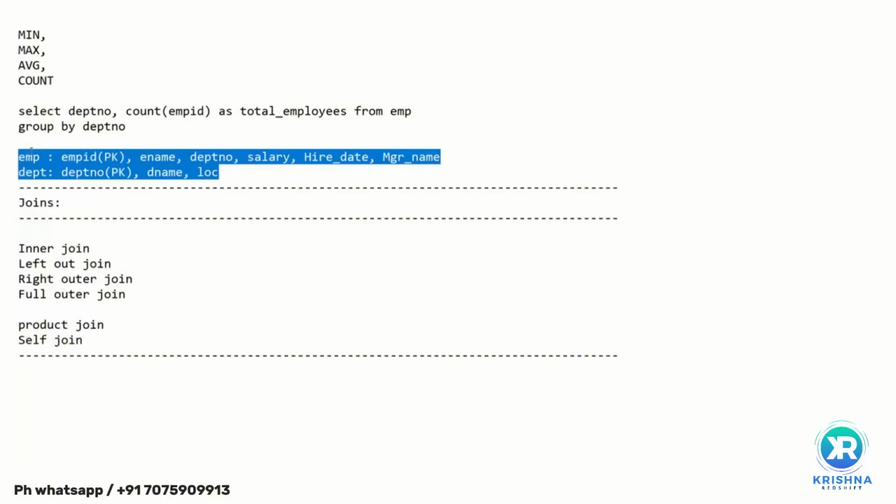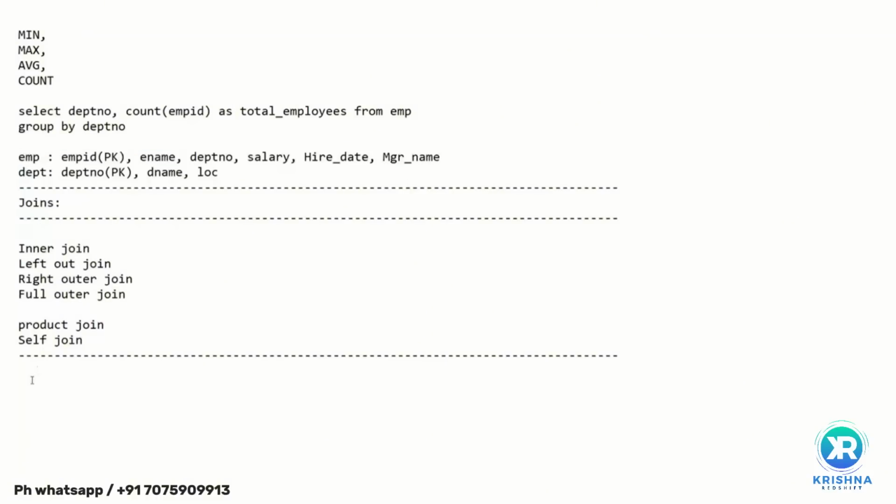Employee table: employee ID, employee name, department number, salary, hire date, manager name. Department table: department number, department name, location. Now you see my requirement, then you will know when to use join. We go for join when the data you need is not available in the same table.